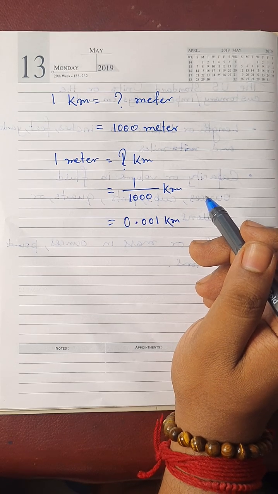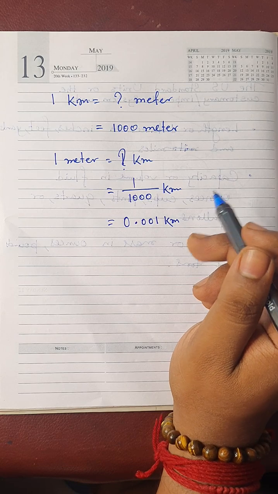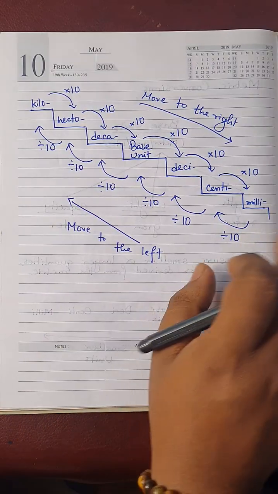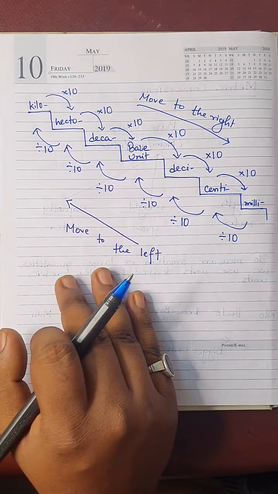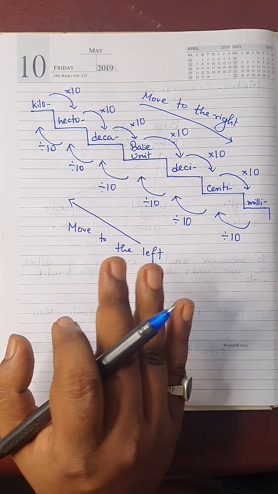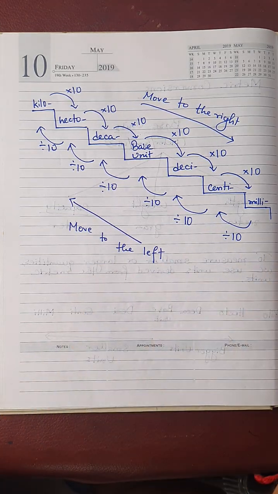Understand? If you do not understand, please comment below. I know you will understand. Please follow this rule and understand it with a calm, silent mind. Then you can understand it very clearly.